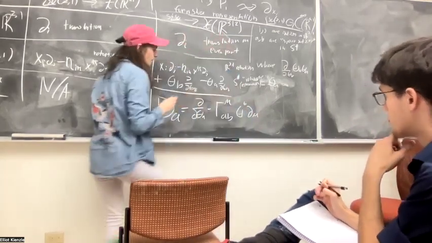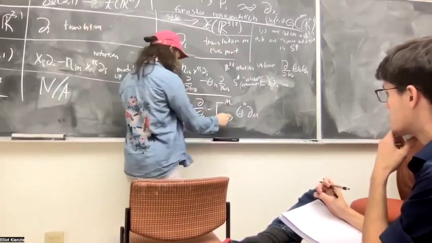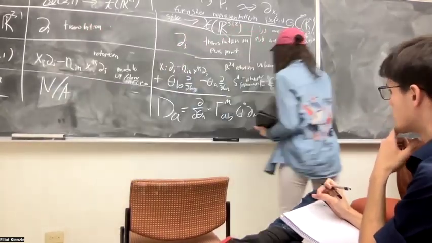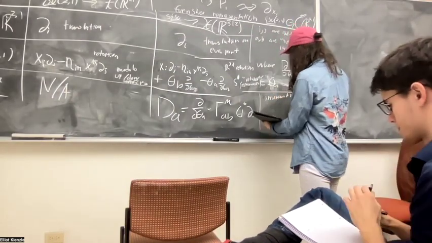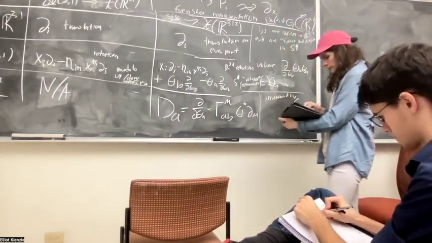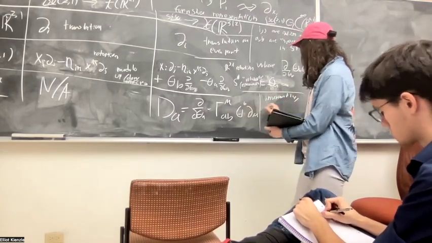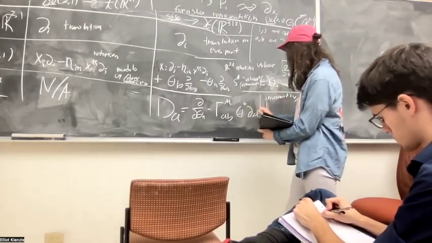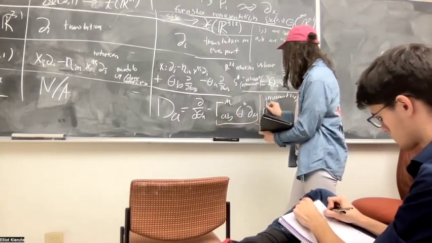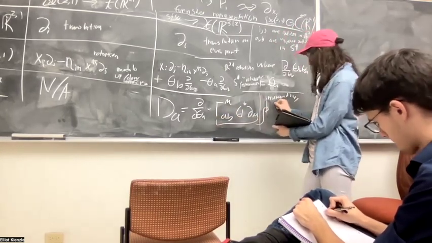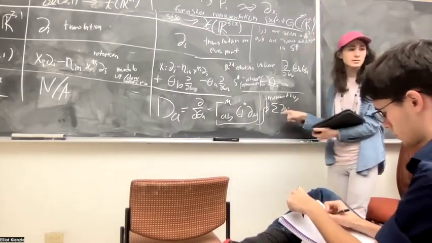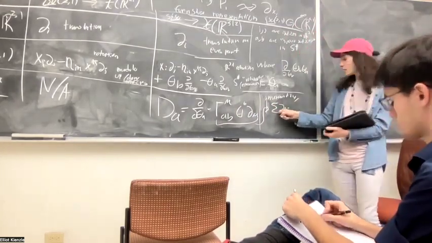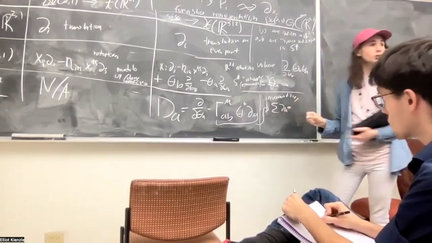So invariantly, what I'm doing here is taking this last part. I can think about that as summing partial in a direction, which is a vector in the tangent space, and I do the Clifford multiplication.